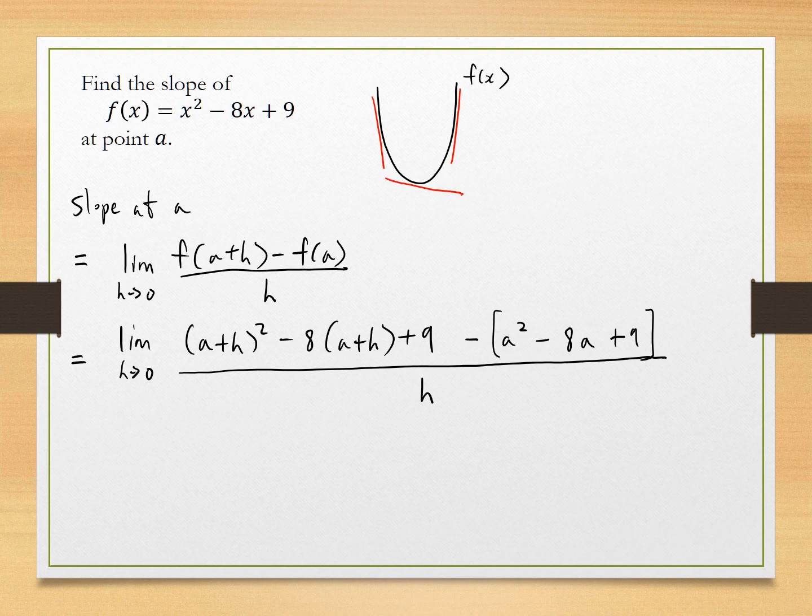What can you cancel out? The 9 can be cancelled out. 8a can be cancelled out. So you're left with (a plus h) squared minus 8h over h.